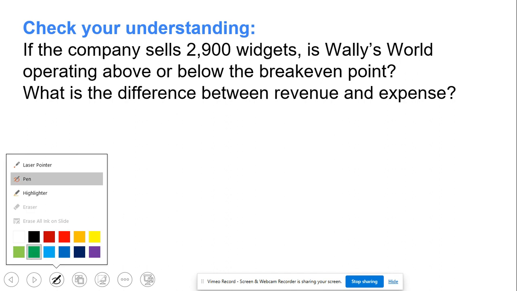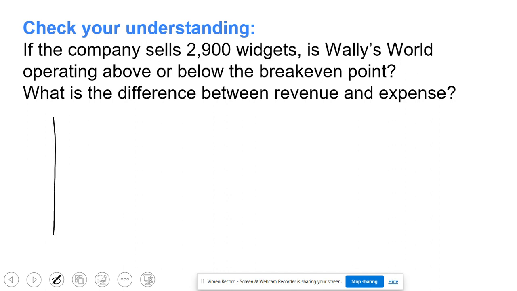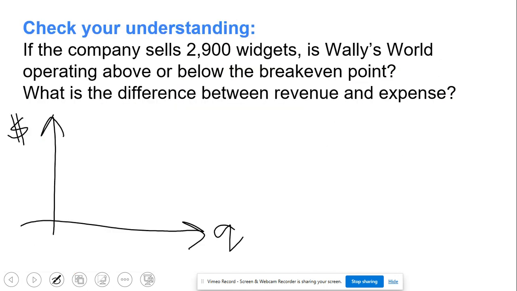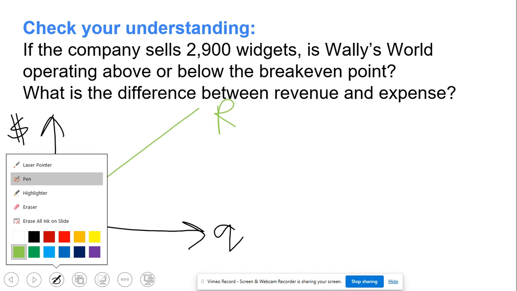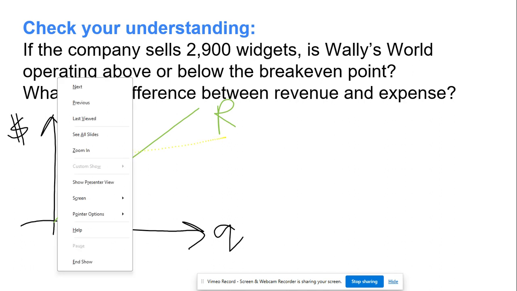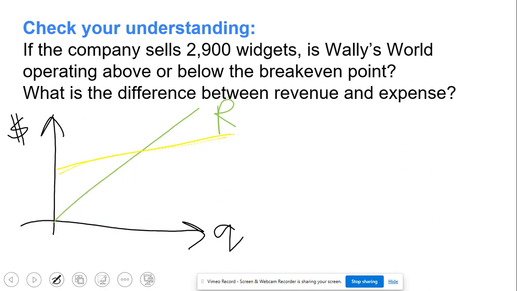So let's do a little graphical interpretation again. We've got our y-axis and our x-axis. If we look back, the x-axis was our quantity, Q, and the y-axis is usually money, dollars. We started off with our revenue function, R, and then we went into our expenses function, which was just a little bit higher, and it went like this.